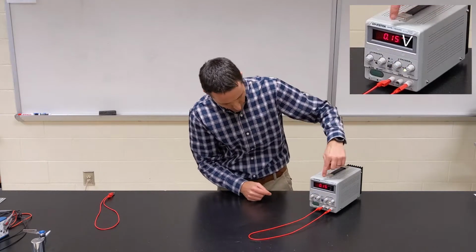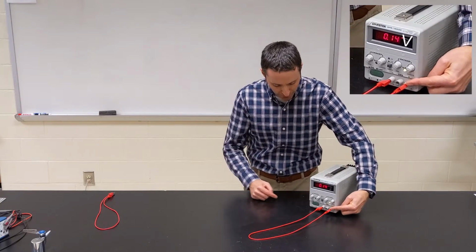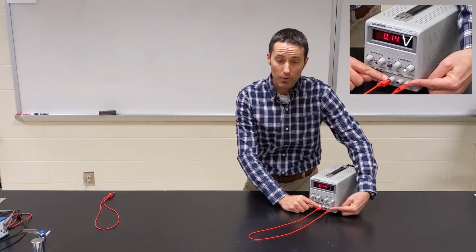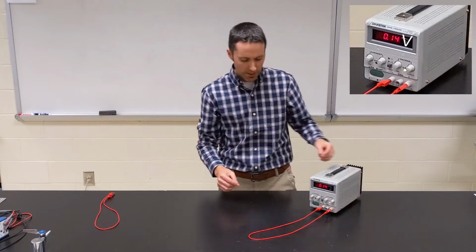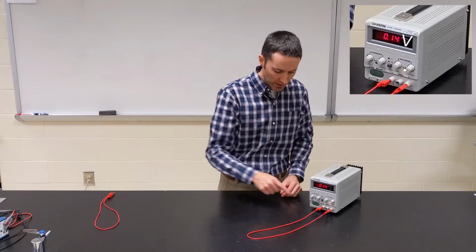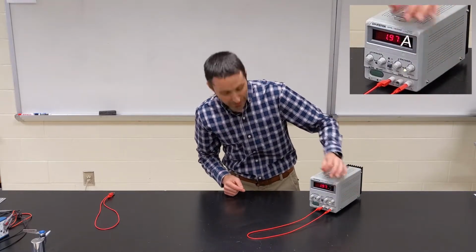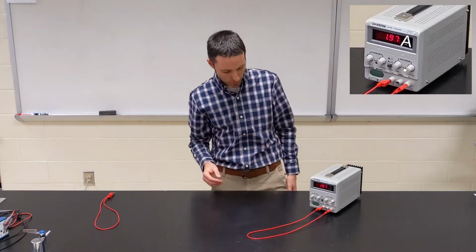Here we go. So there's a 0.15 volt difference between the positive side and the negative side, the red to the black, across this wire. There's conventional current going from the positive side to the negative side. And if I flip this switch right here, it'll tell us how much current is going through that wire.